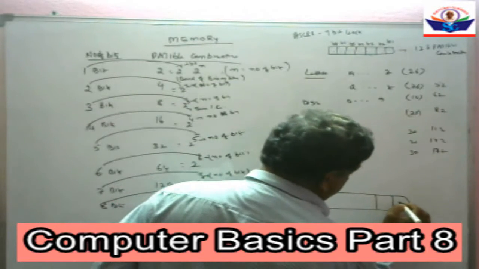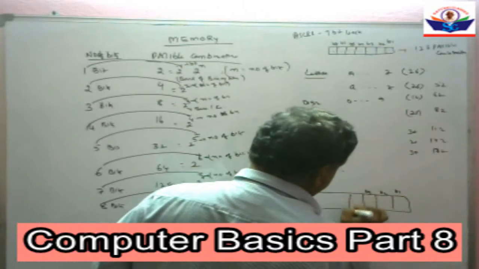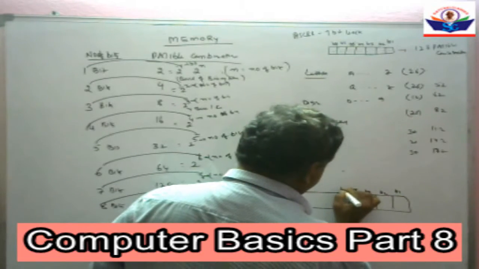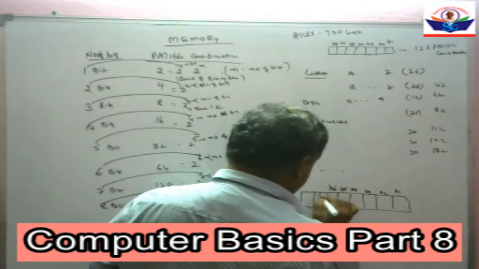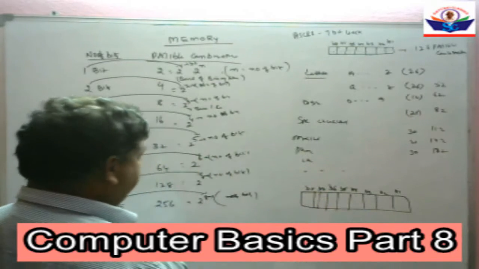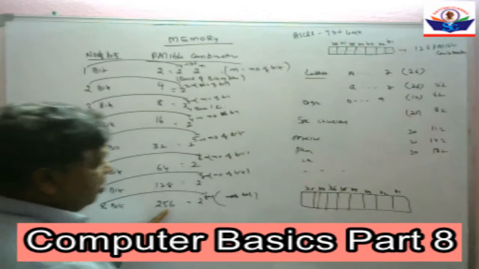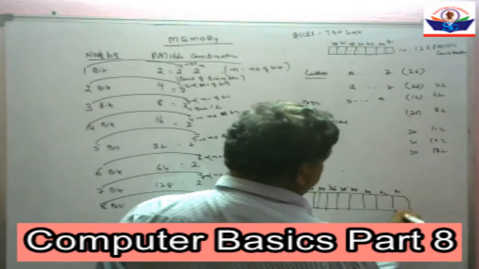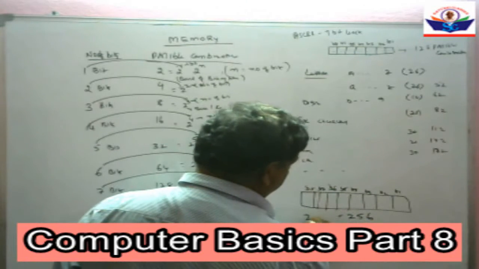Now bit 1, bit 2, bit 3, bit 4, bit 5, bit 6, bit 7 and bit 8. What are the possible combinations with 8 bits? 8 bit possible combinations are 256, that is 2 to the power of 8.